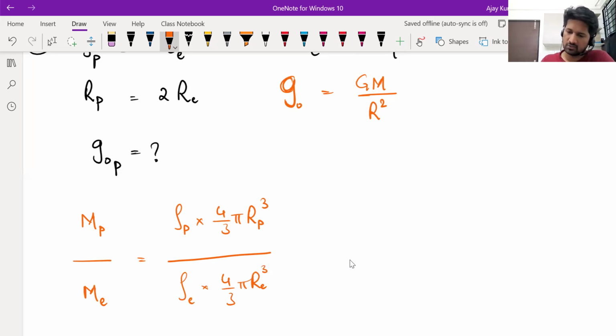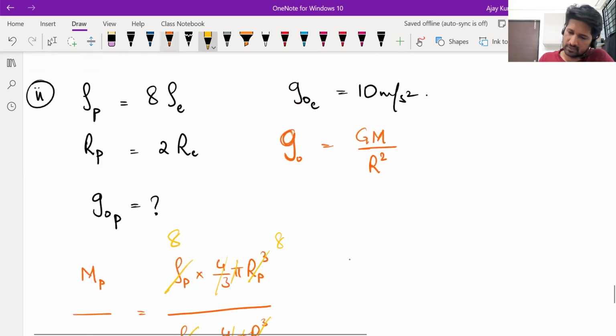That's all. So for the mass ratio, the density ratio given is 8 times. 4 by 3 pi will get cancelled. And radius of planet is 2 times the radius of Earth. 2 cube is 8. 8 and 8 becomes 64. So mass of planet is 64 times the mass of Earth.